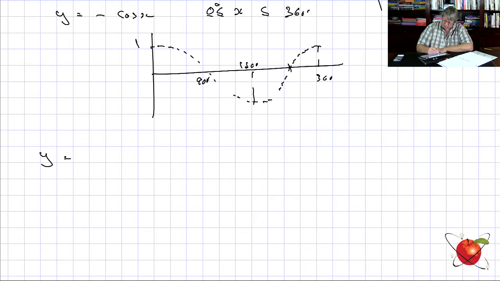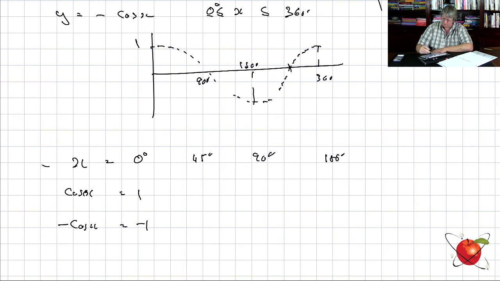Let's put a table, okay? If I put y, just clean up my table. X, I'm only going to put it from 0, 45, 90, I don't know, 180, okay? And cos x and minus cos x. Well, cos x is going to be 1.